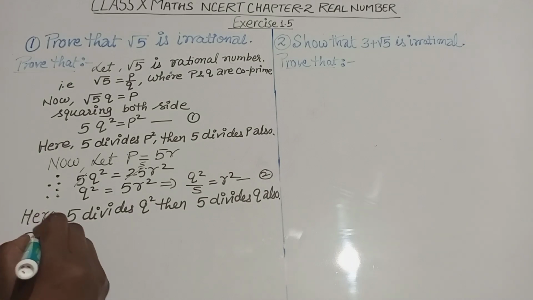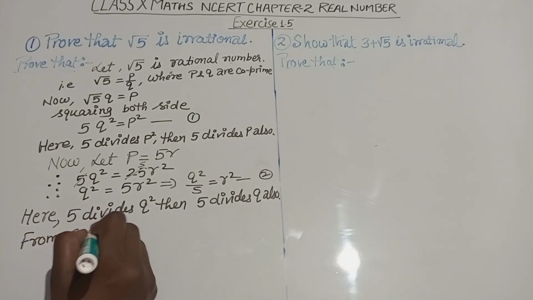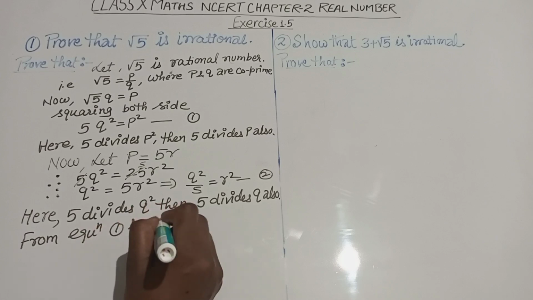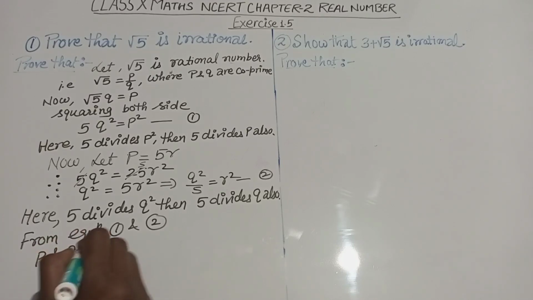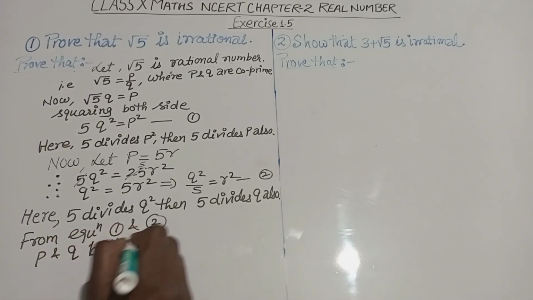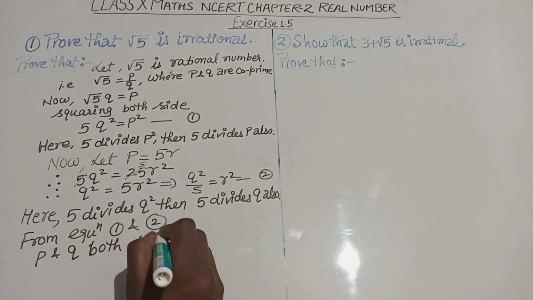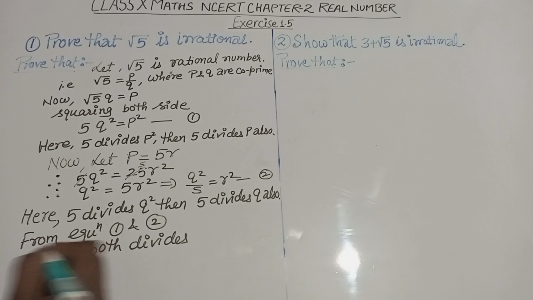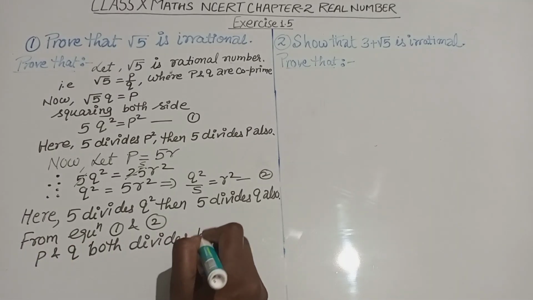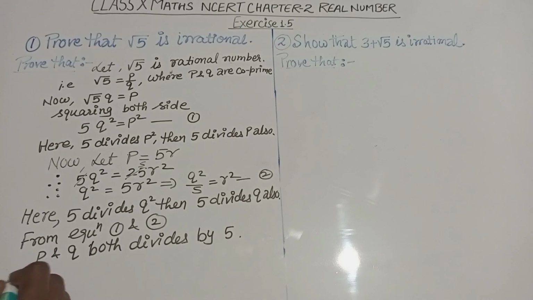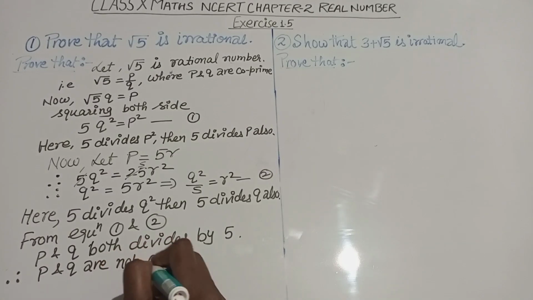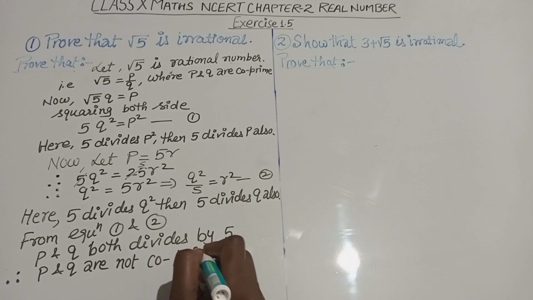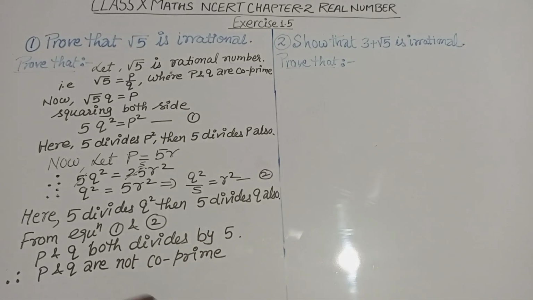From equation 1 and 2, p and q are both divisible by 5. So p and q are not co-prime.